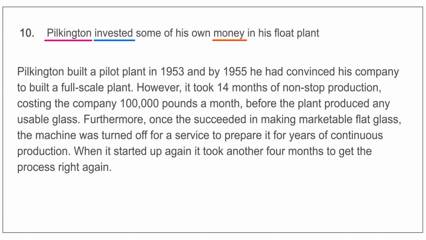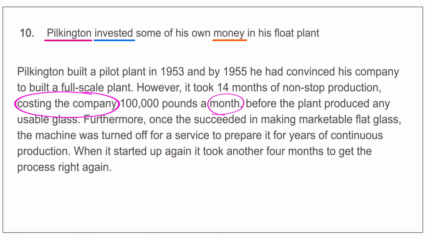However, it took 14 months of non-stop production, costing the company £100,000 a month before the plant produced usable glass. So we have the money, the cost to the company, and that was £100,000 a month.